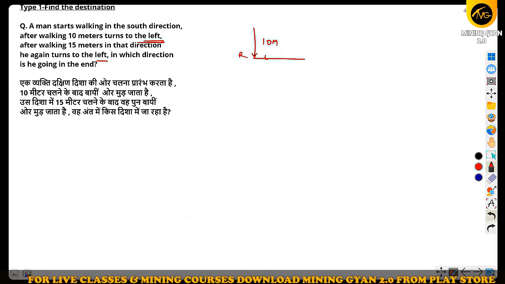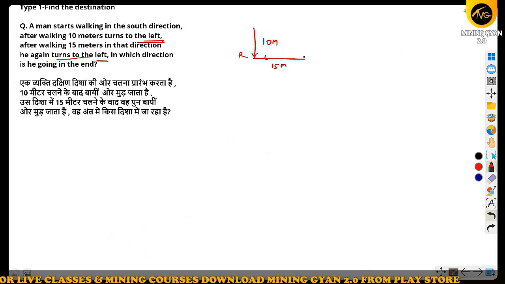After walking 15 meters in that direction, he again turns to the left. So again this is the right side for him and this is the left side for him. So he again turns left.